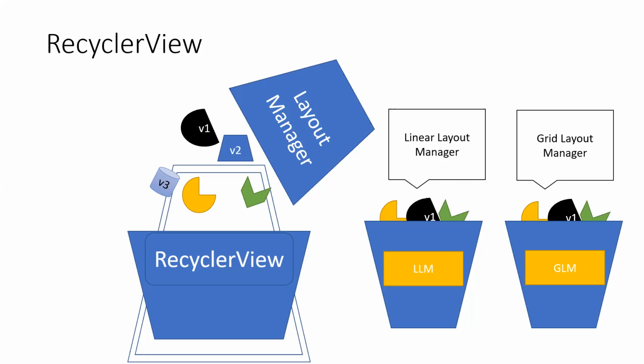As an example, I asked you to do some project on the Sunflower app, if you remember, in the lab. And in the Sunflower app there was also a grid layout. So the grid layout was used there with the recycler view. Some of you mentioned that we have not done recycler view. That's why I have taken up recycler view as a topic, so that you can get comfortable with that. So we have seen there are two kinds of layout managers: linear layout manager and grid layout manager. These layout managers contain the view elements.